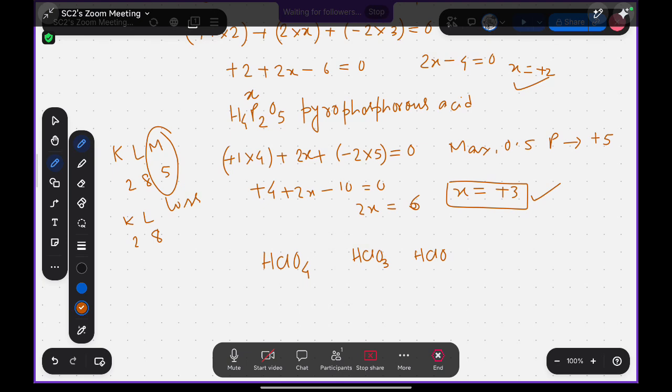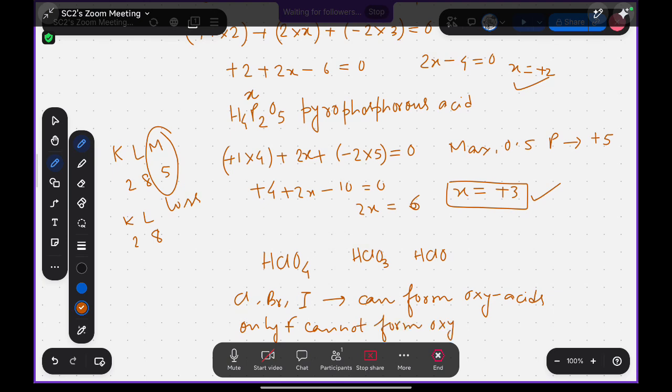All these are various oxy acids of chlorine. Similarly, chlorine, bromine and iodine can form oxy acids. If needed, I will make a separate video for oxy acids, what they are and how to identify them. After that, only fluorine cannot form oxy acid.